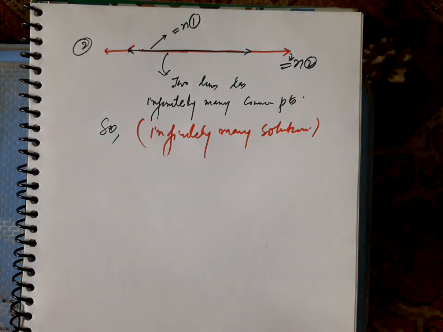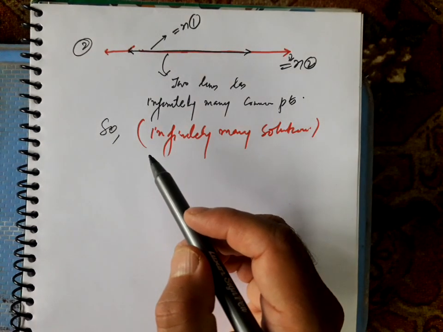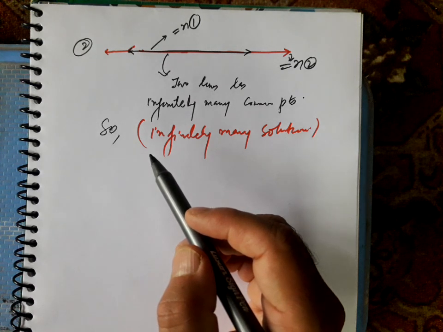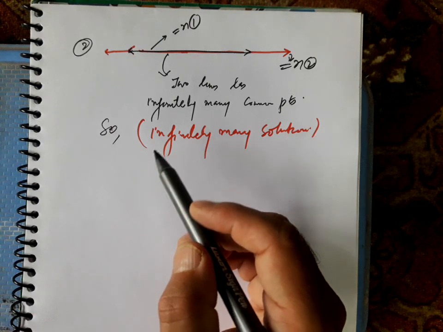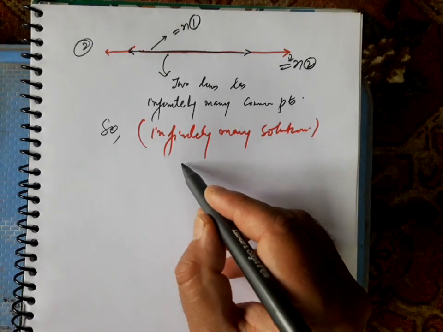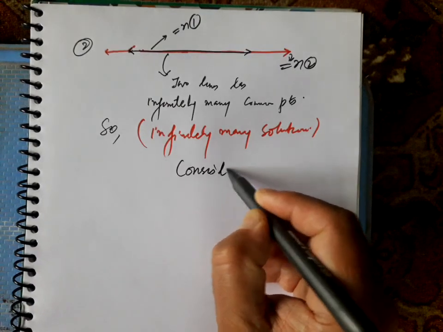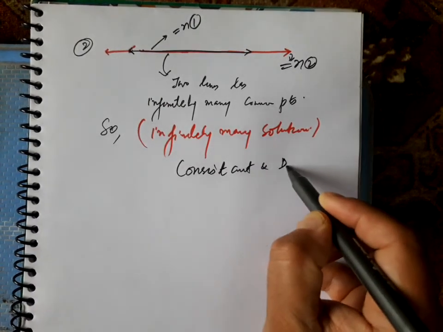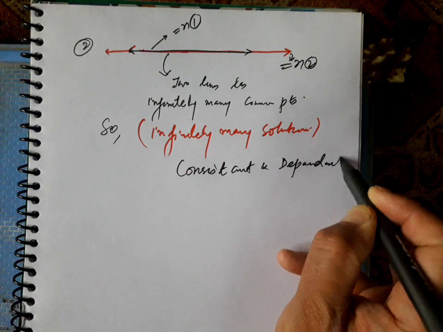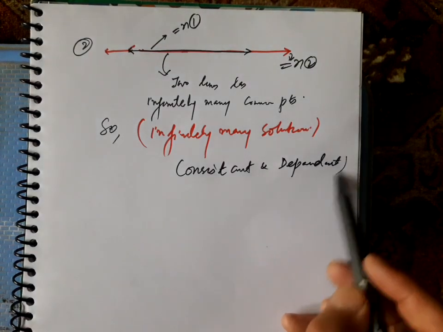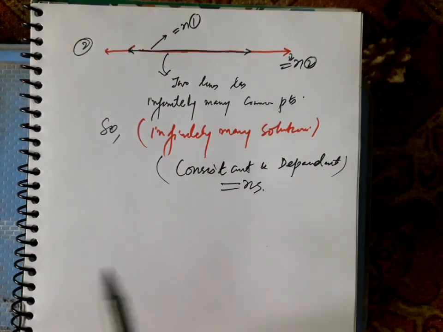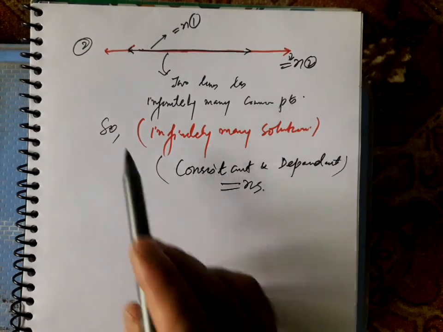And the two equations in this case are said to be consistent and dependent. We call them consistent and dependent equations in this case.